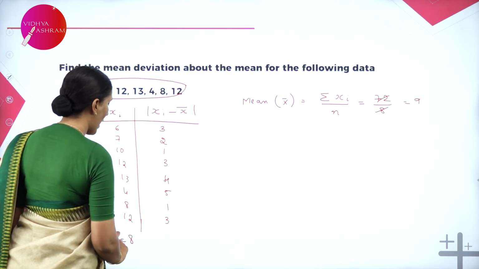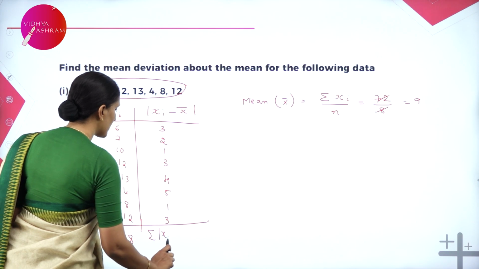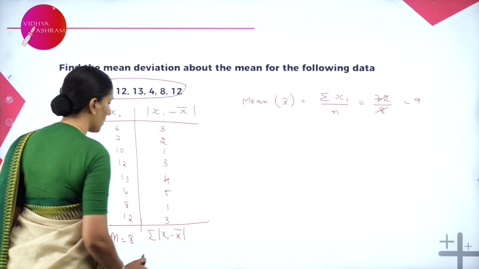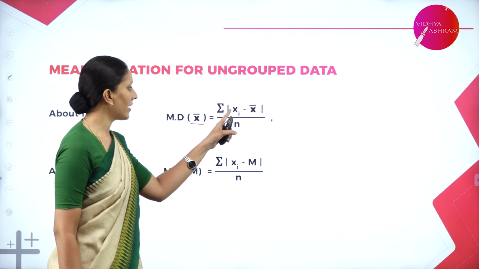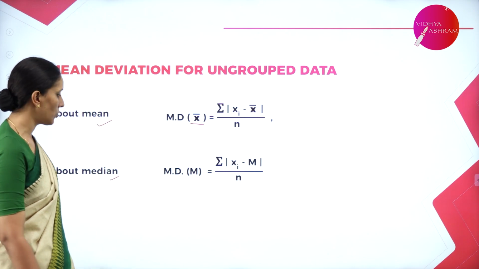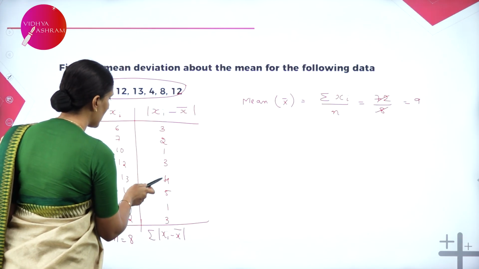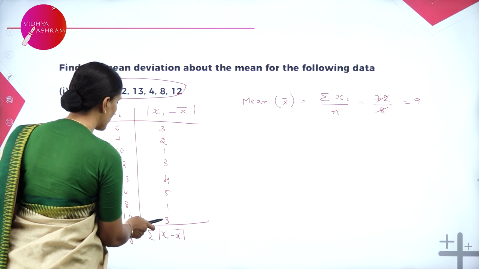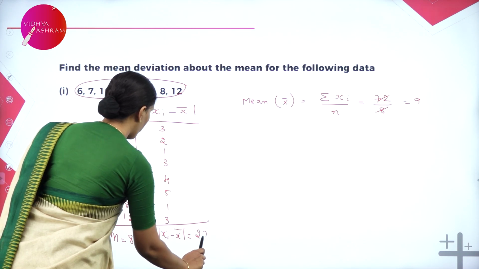Next we need to add these, that is, we need to take the summation of modulus of xi minus x bar. The formula says once you get the total value of modulus of xi minus x bar, you should divide by n to get the mean deviation. So, add all these terms: 3 plus 2 plus 1 plus 3 plus 4 plus 5 plus 1 plus 3. You will get the value as 22.